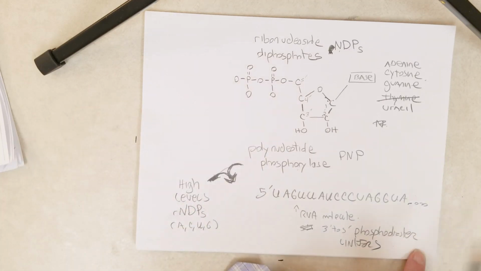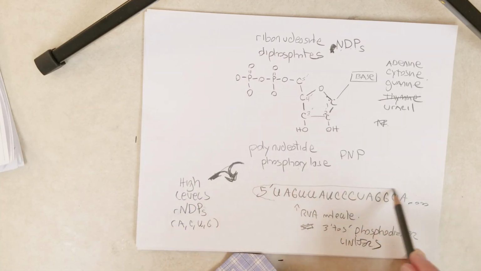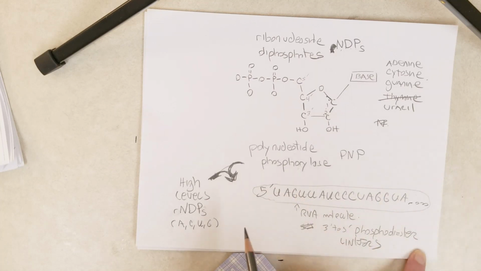So this is a fully functional RNA molecule. And if we could load a ribosome onto it, we haven't talked about ribosomes yet, but I'm sure you've seen those in an introductory biology course.